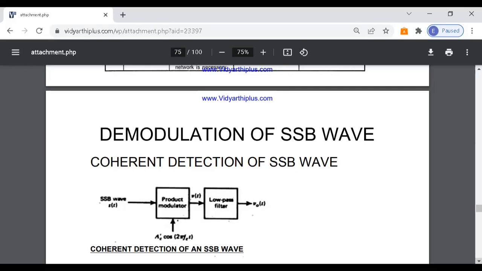Demodulation is modulation backward, you know. So you send a signal through a demodulator.